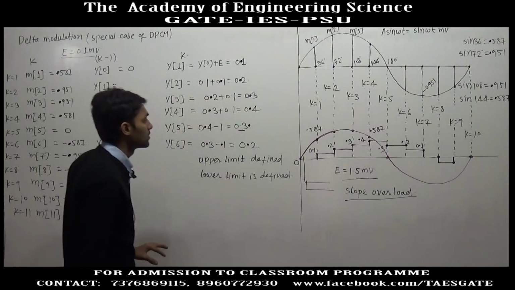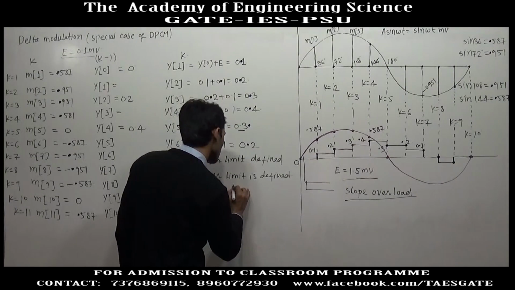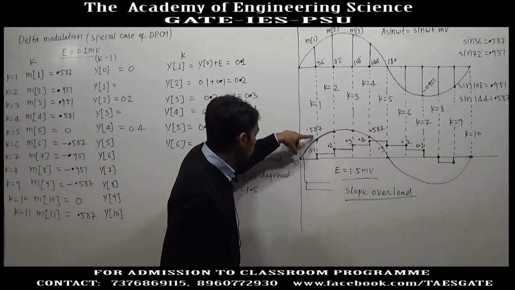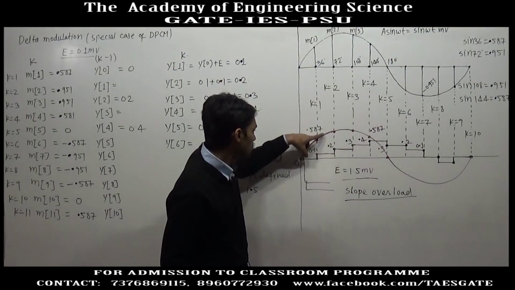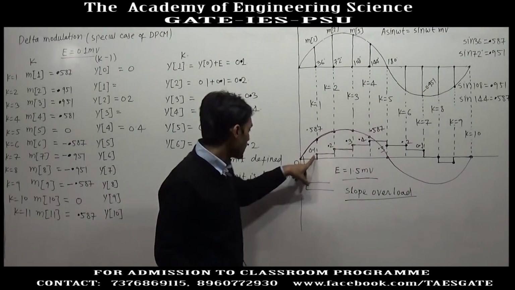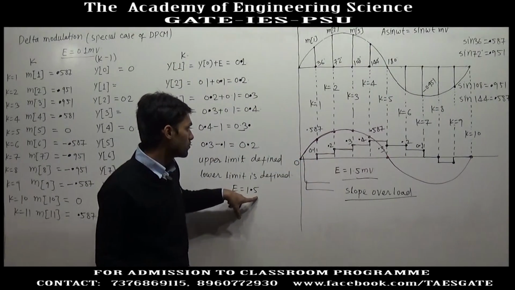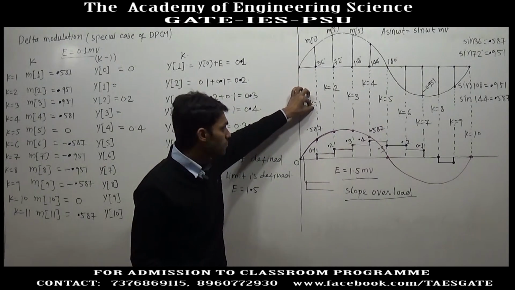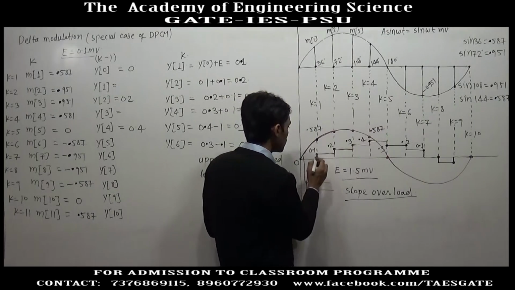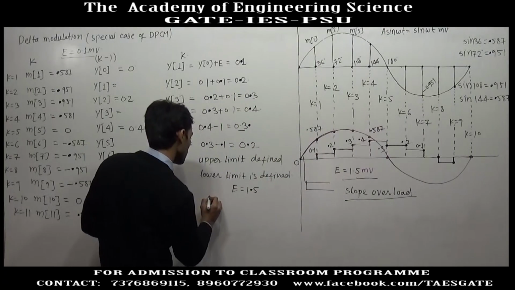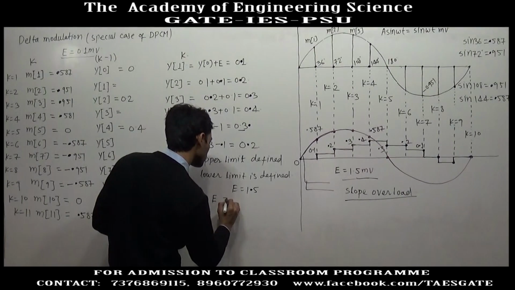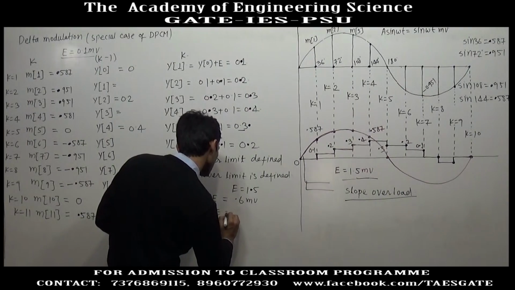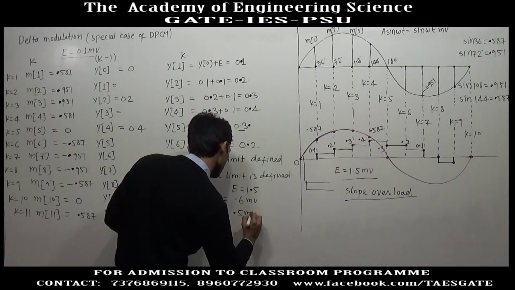If you take threshold equal to 1.5 millivolt, the desired output is 0.587 millivolt, we are getting 0.1 millivolt, and if you take E equal to 1.5 millivolt, the output will be 1.5 millivolt. This will be an even bigger mismatch. So, we will keep E around 0.6 millivolt or equal to 0.5 millivolt.